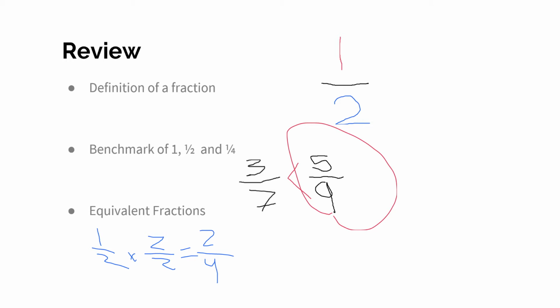Let's practice one more time. If we take the fraction 3/6 and multiply this one by 3 over 3, we get 9 over 18, which is still equivalent to 1/2, and still equivalent to 3/6 and 2/4.